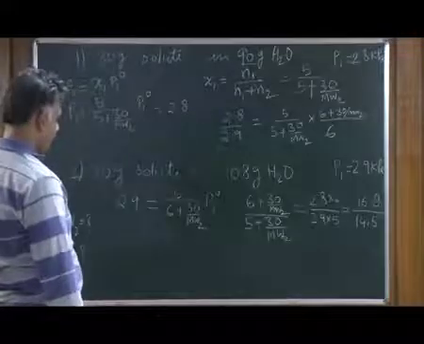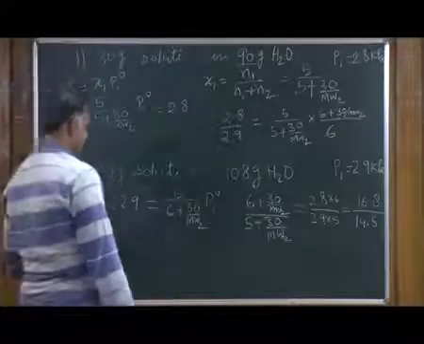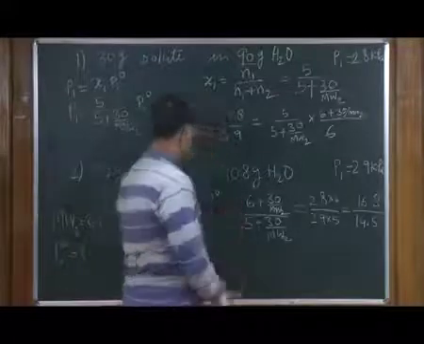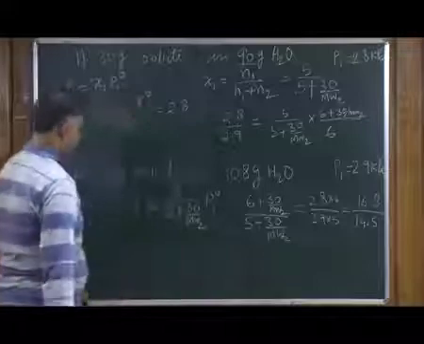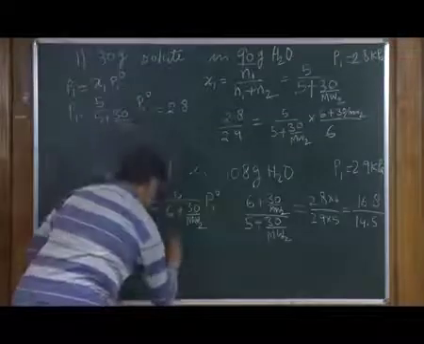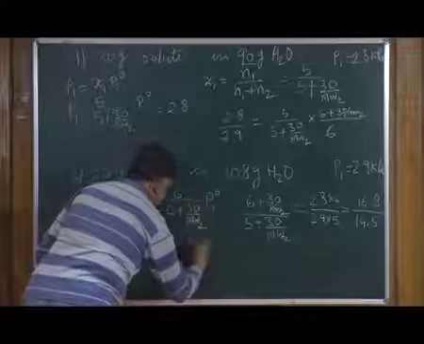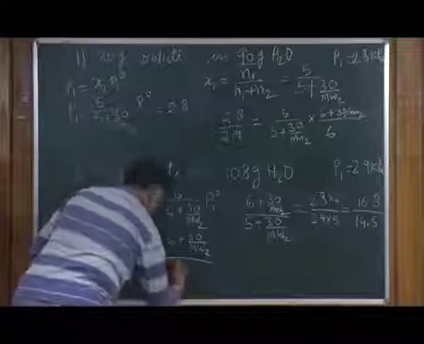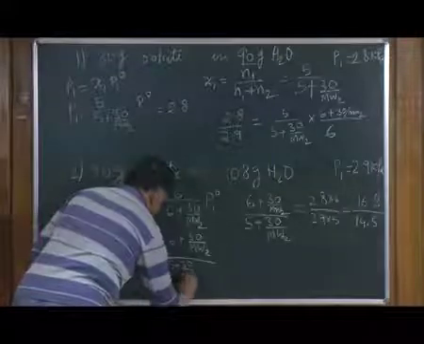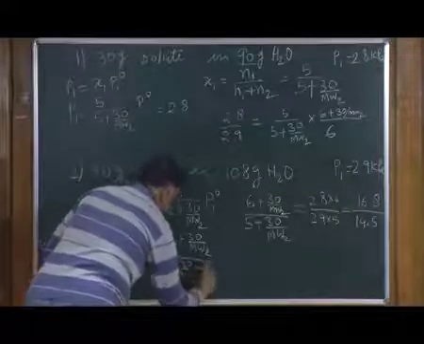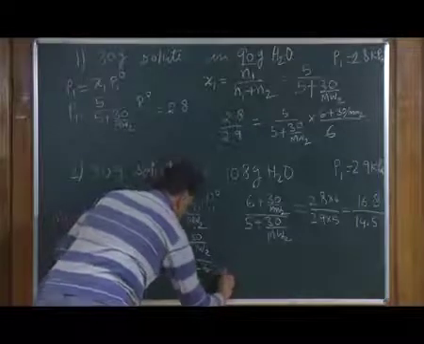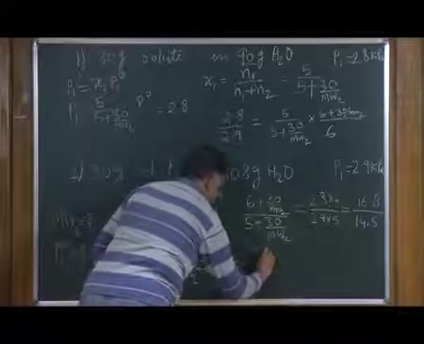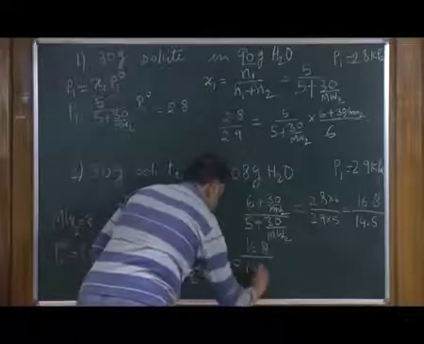Okay. Now, again subtracting numerator from denominator, we can simplify the whole thing and we will get 6 plus 30 divided by molecular weight of solute, minus 5 plus 30 divided by molecular weight of solute, divided by 5 plus 30 divided by molecular weight of solute, equal to 16.8 minus 14.5 divided by 14.5.